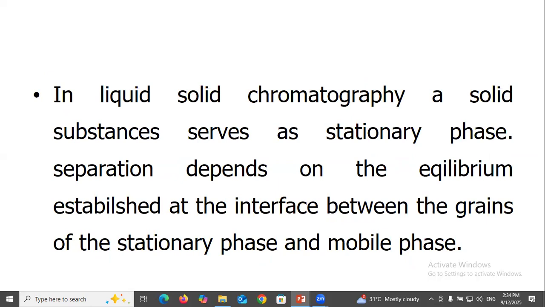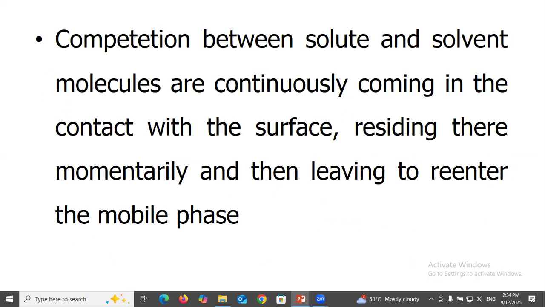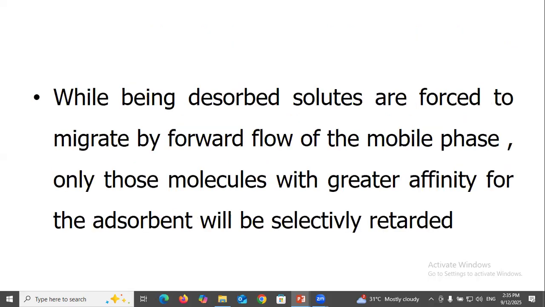Separation depends on the equilibrium established at the interface between the grains of the stationary phase and the mobile phase. There is competition between solute and solvent molecules continuously coming in contact with the surface, settling there momentarily and then leaving to re-enter the mobile phase.